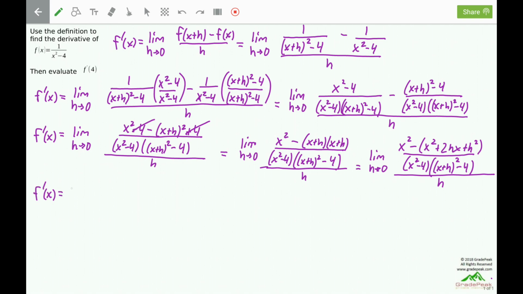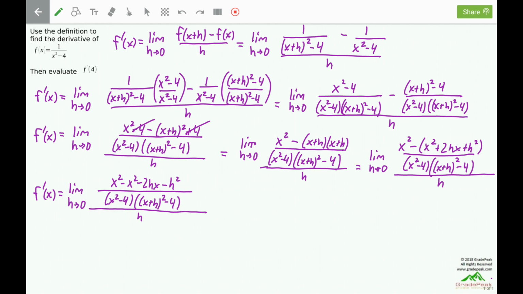So f prime of x will equal limit as h goes to 0 of x squared minus x squared minus 2hx minus h squared all over x squared minus 4, and then x plus h quantity squared minus 4, and then the entire thing divided by h.